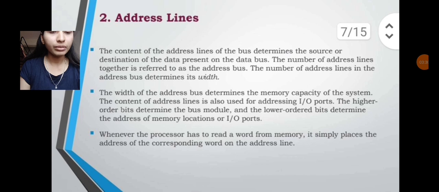The content of address lines is also used for addressing input-output ports. The higher order bits determine the bus module and the lower order bits determine the address of memory locations, also known as the input-output ports. Whenever the processor has to read a word from memory, it simply places the address of the corresponding word on the address lines.